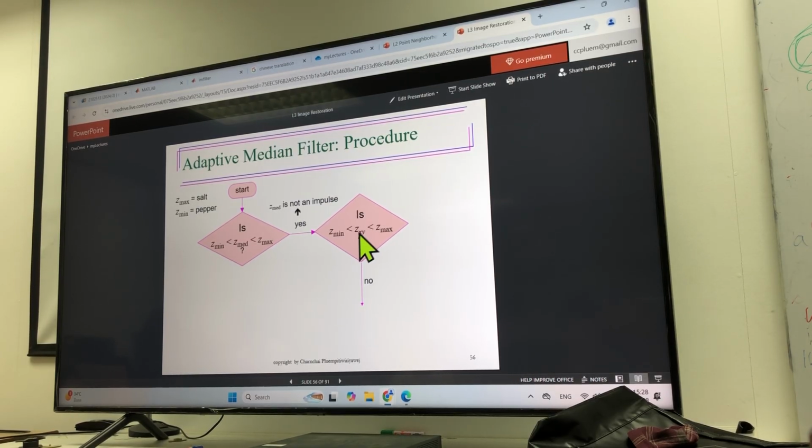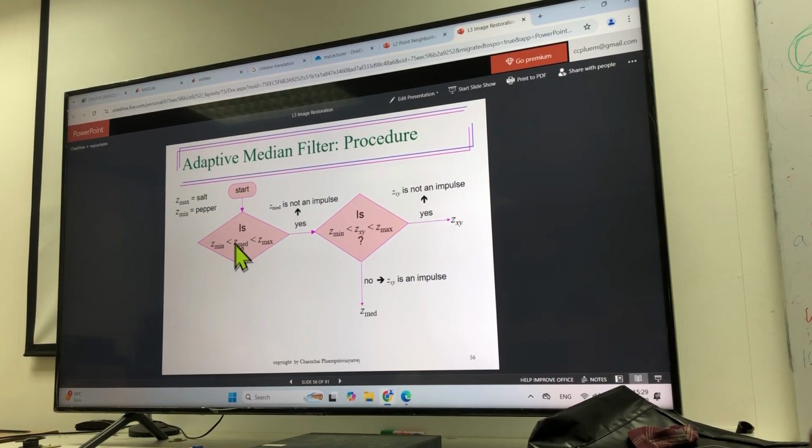If z of xy is not in between, it is an impulse, salt or pepper, so you return the median. However, if it's in between, it's not an impulse, so you return z of xy.